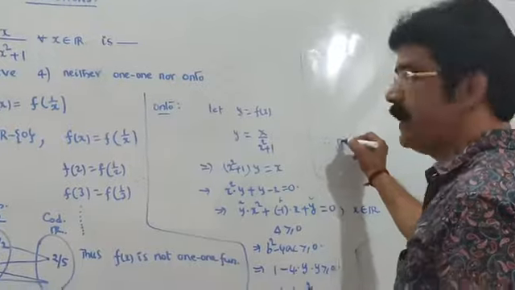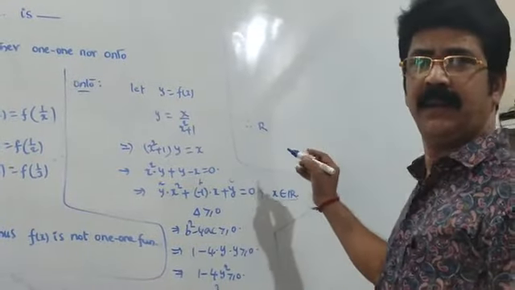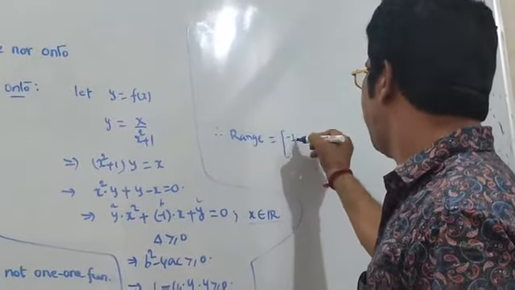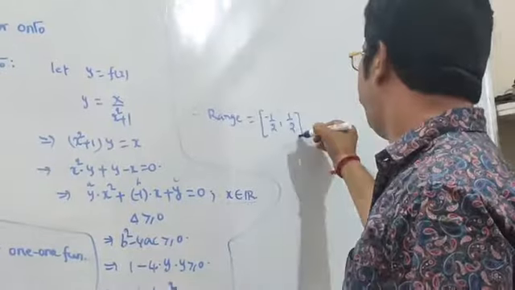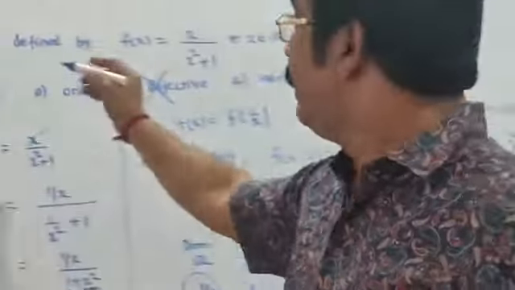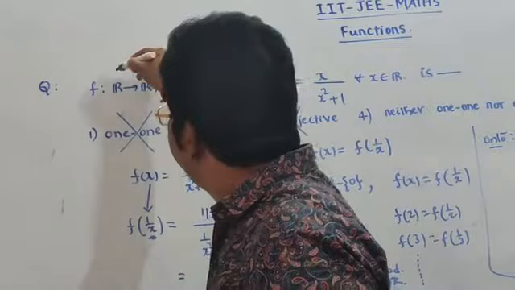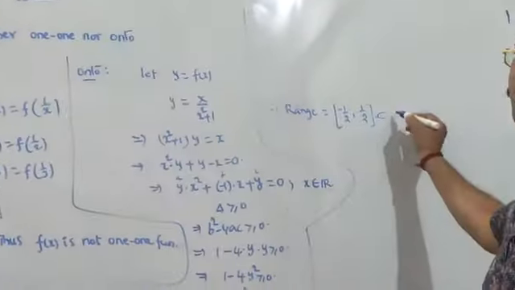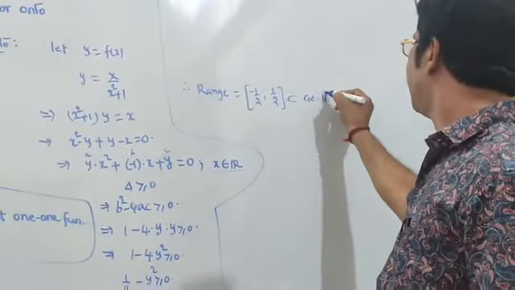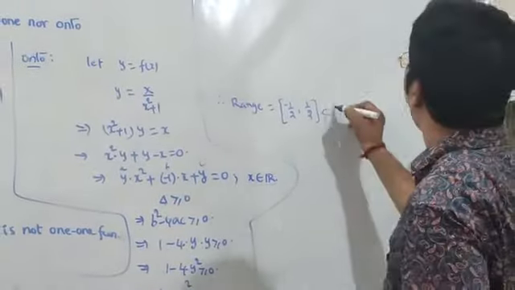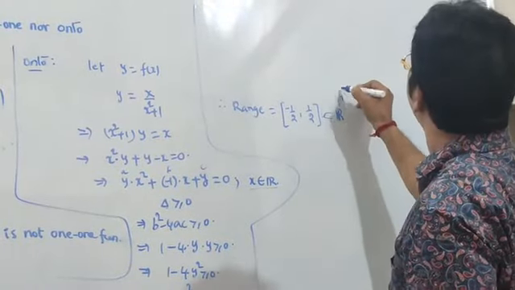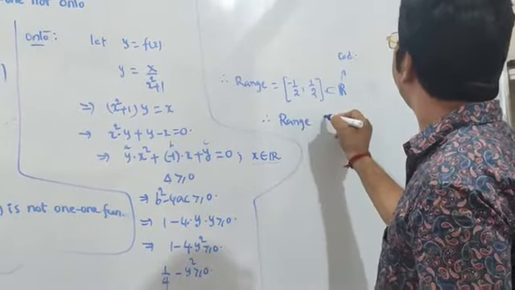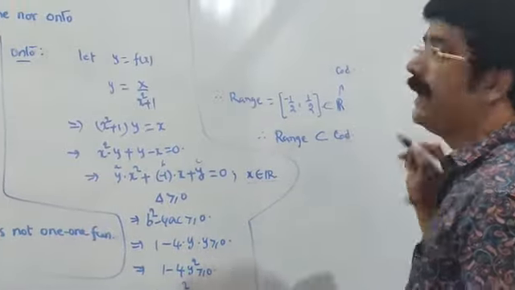So clearly, this interval is a subset of codomain R. Therefore, range is a subset of codomain.